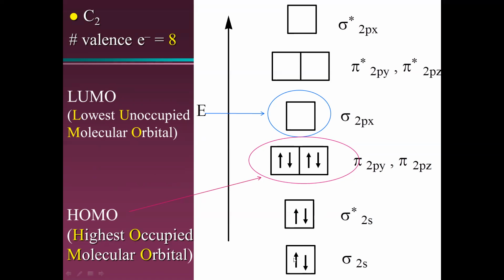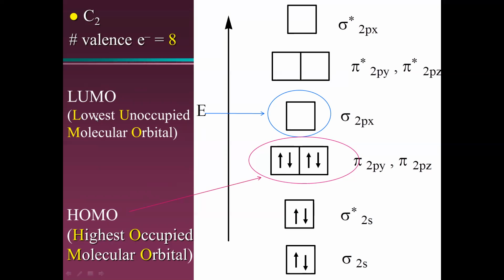We can say this is occupied, this is occupied, this is occupied. Which one is the highest occupied? This one's highest, right? The energy is highest among these 3 occupied molecular orbitals. This guy has the highest energy. This is why this is a HOMO.